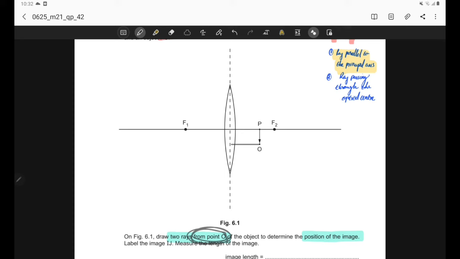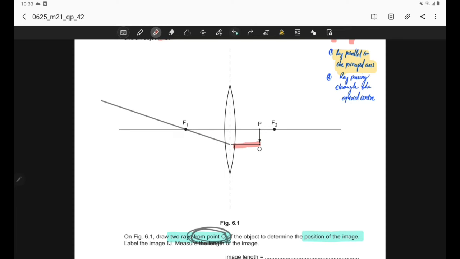When it reaches the lens, it will pass through the principal focus at the other side of the lens. It should be a straight line like this. So the first ray we have drawn is parallel to the principal axis, but when it reaches the lens, it will pass through the principal focus on the other side.